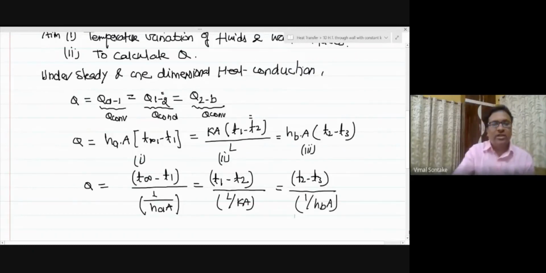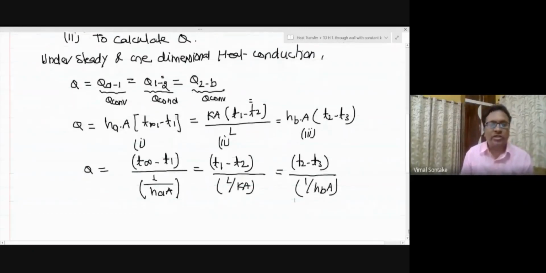So I can modify the individual heat transfer rate equations through hot fluid, slab, and cold fluid in this form.